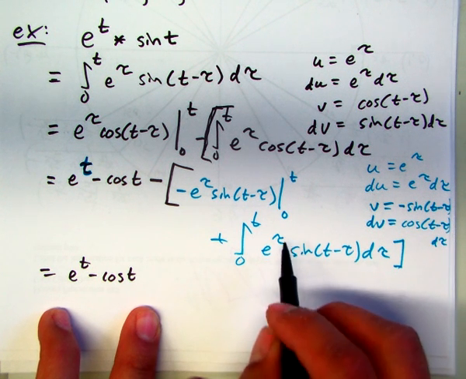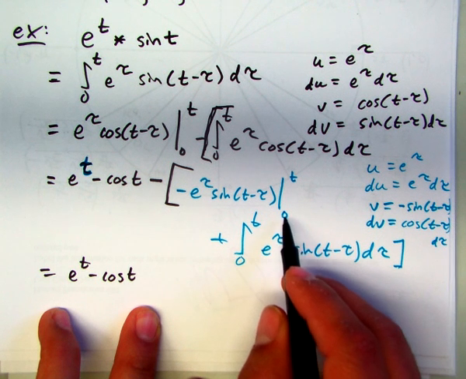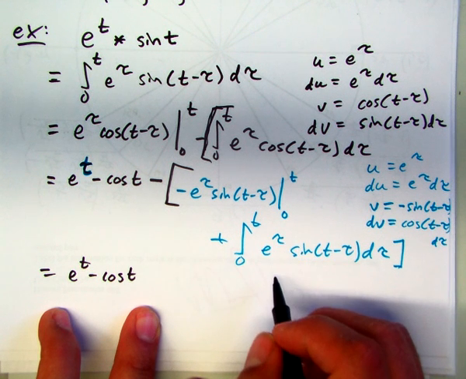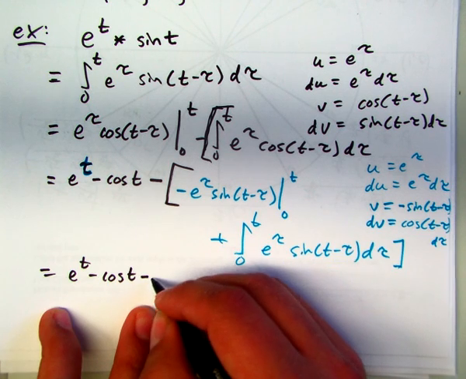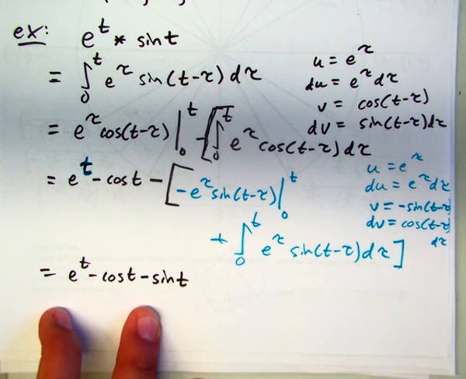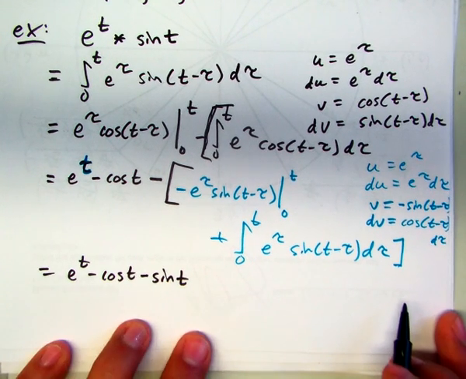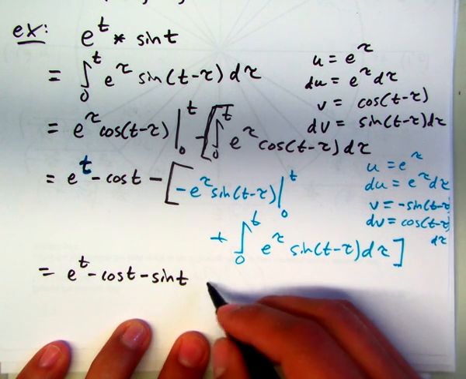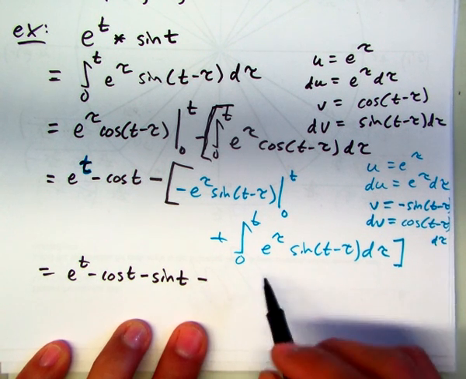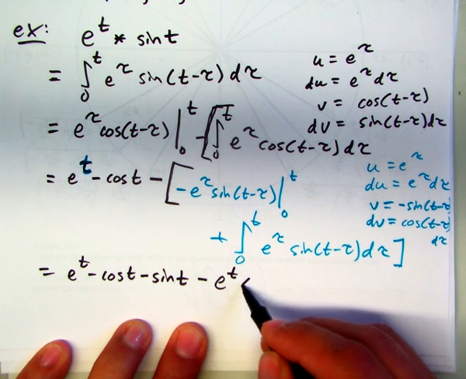And then plugging in 0, we're going to have sine t, adding, but we're subtracting here, so minus sine t. And now we're subtracting this, which is actually the same as e to the t convoluted with sine t.